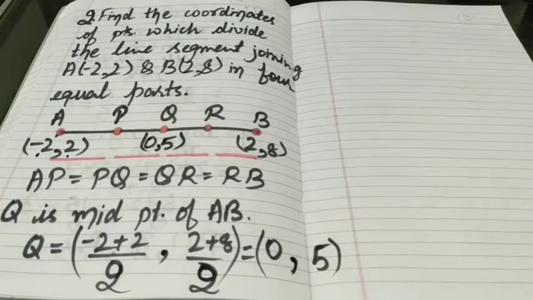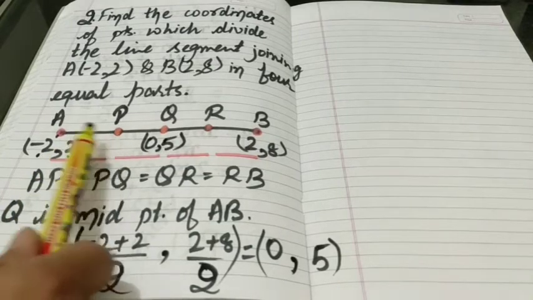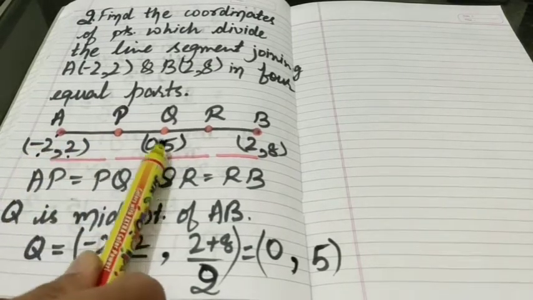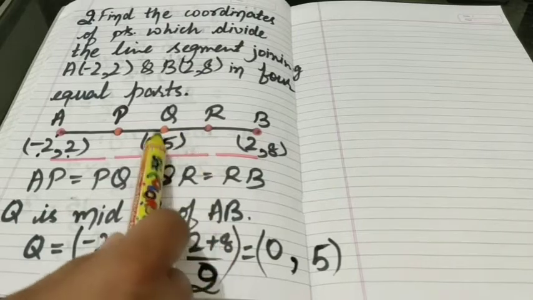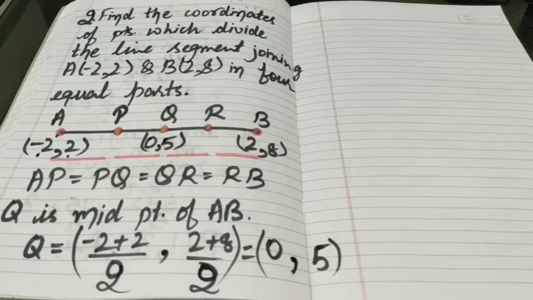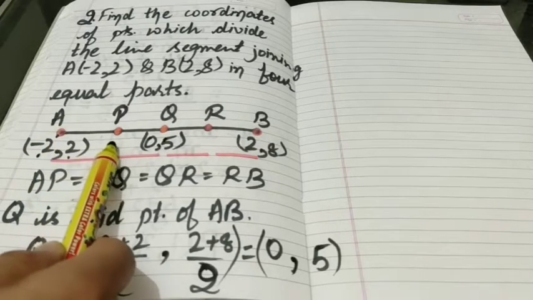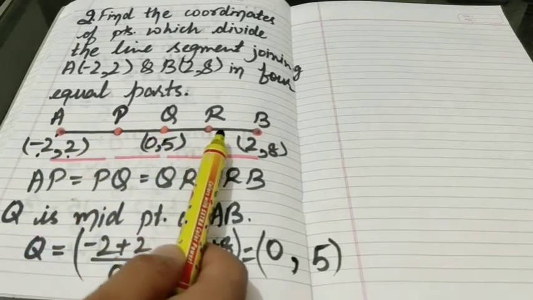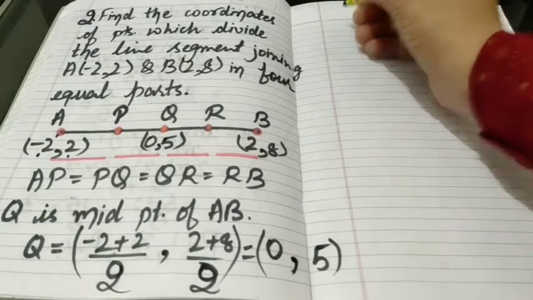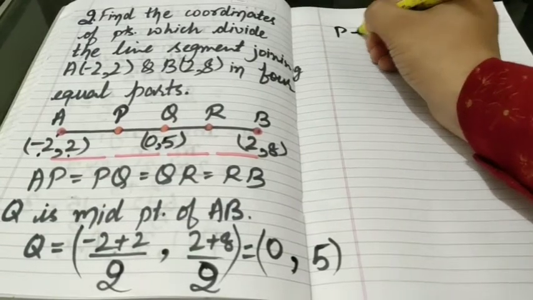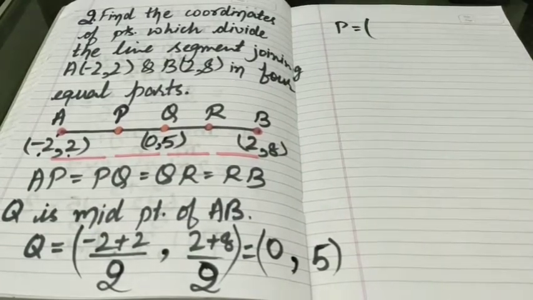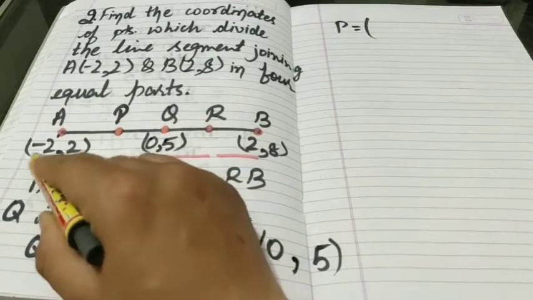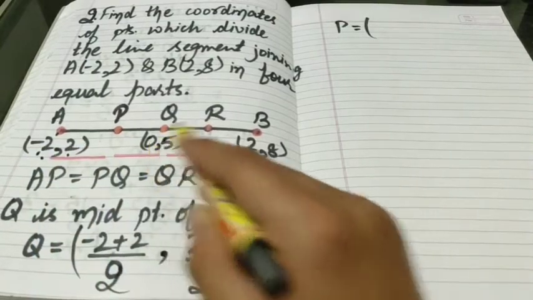Now it is clear that P is the midpoint of AQ. Similarly, R is the midpoint of QB. So by applying the same formula, we can find the coordinates of point P and that of point R. The x coordinate of point P will be minus 2 plus 0 divided by 2.